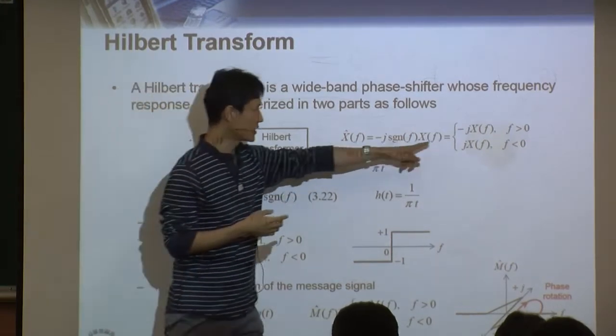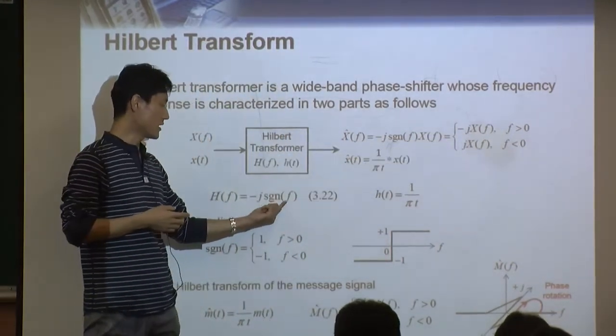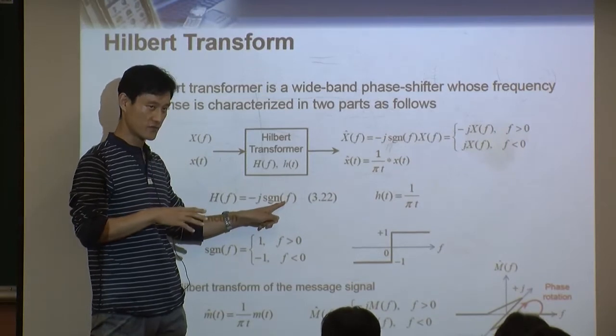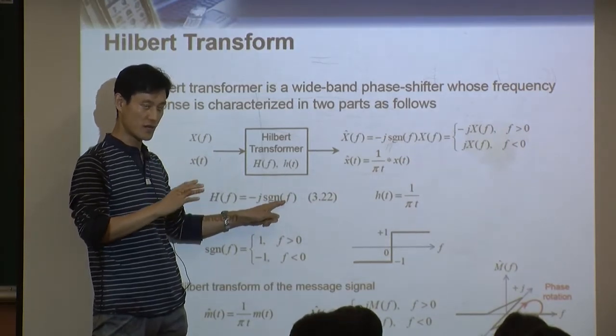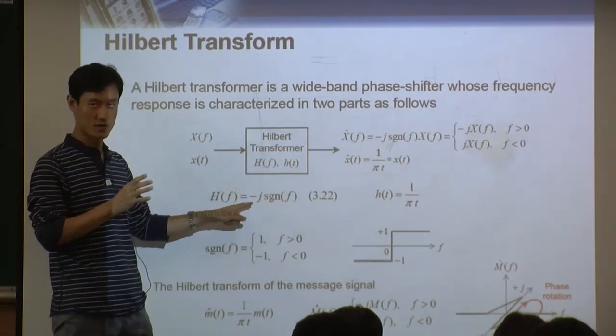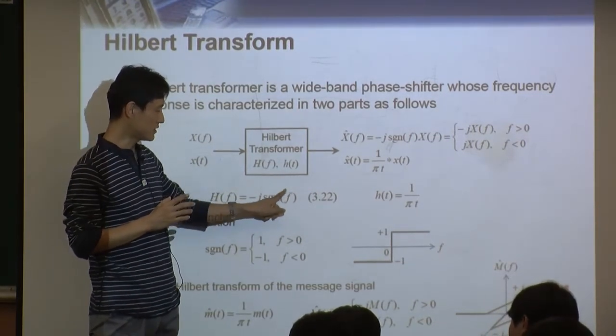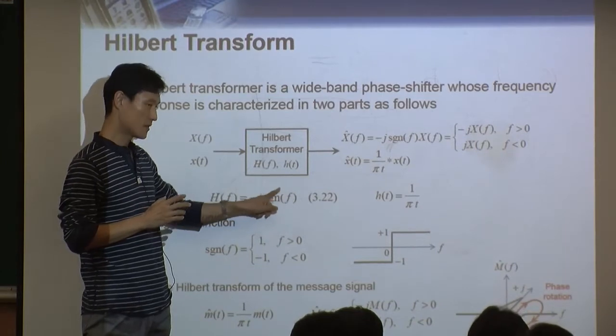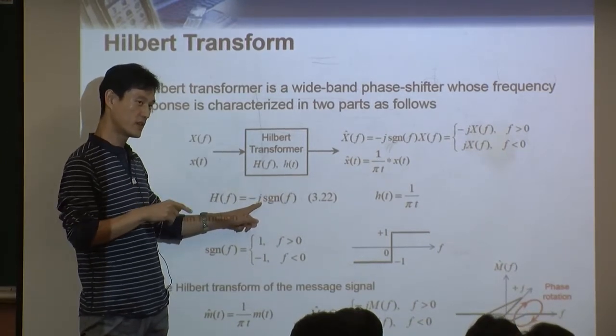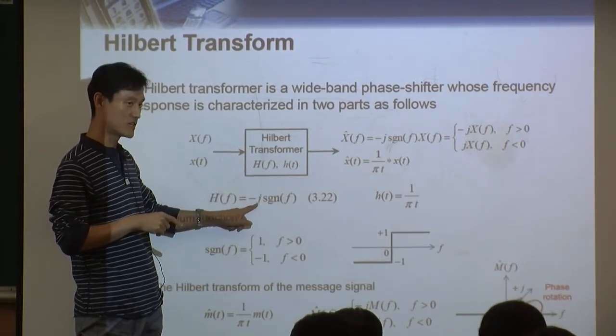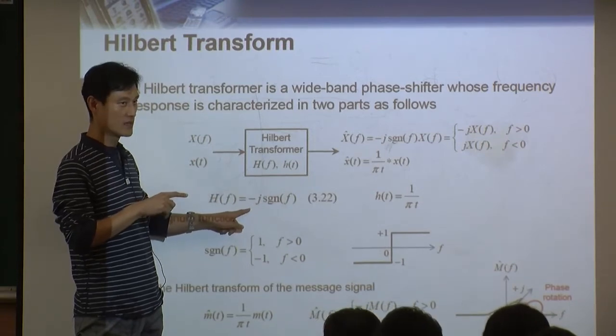Now let's say the frequency is negative. It doesn't matter, minus 1, minus 100. If the frequency is negative, the signum function has an output of minus 1. So minus 1 times minus j becomes j.